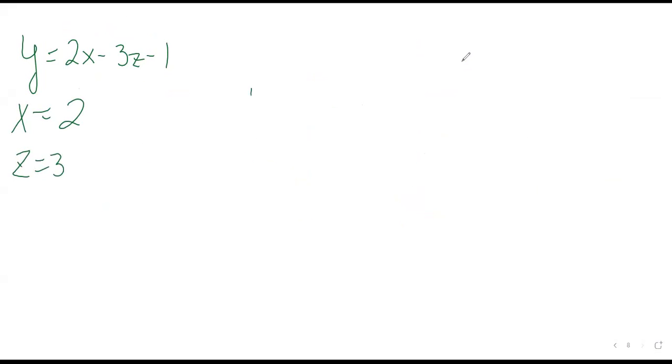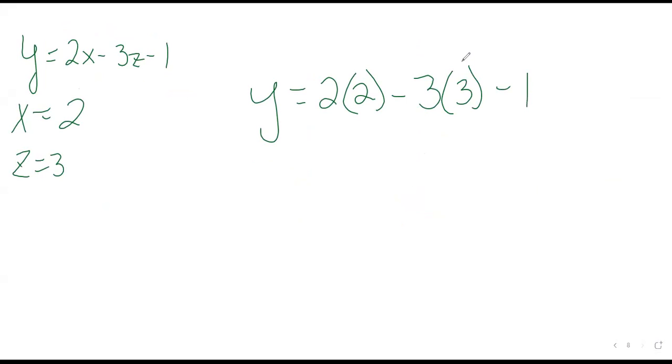So y is going to equal 2 times 2 minus 3 times 3 minus 1. So 2 times 2 is 4. 3 times 3 is 9. And then minus 1.